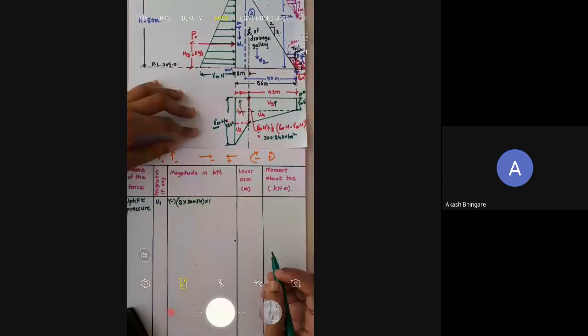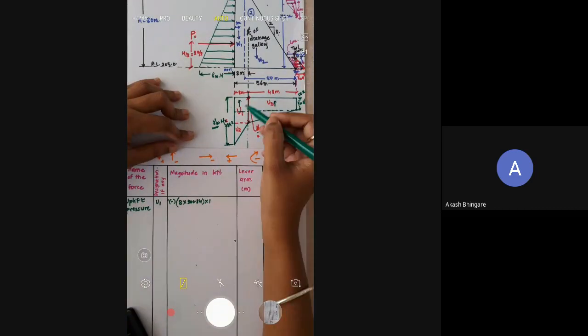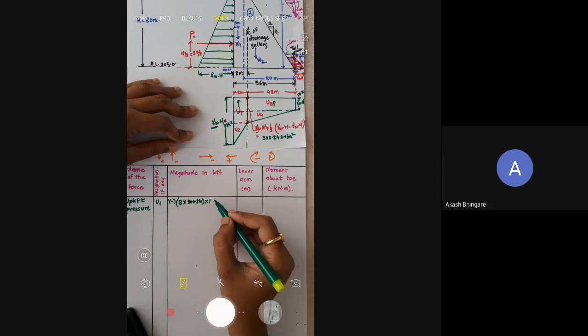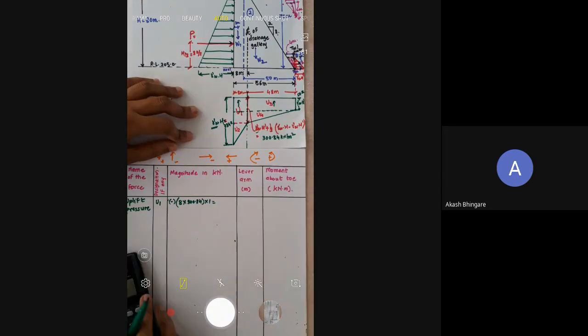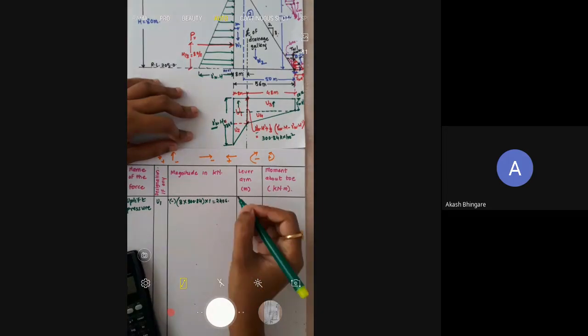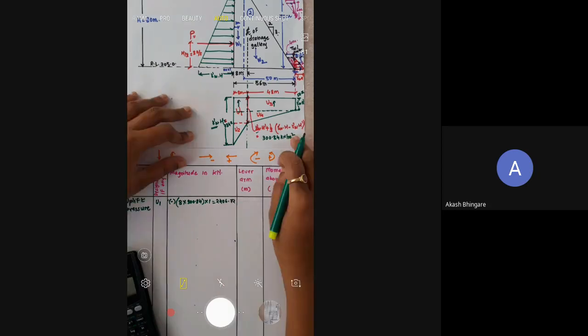The area of this pressure intensity diagram itself gives us the uplift pressure force. What is this value? 2406.72 kilonewton.